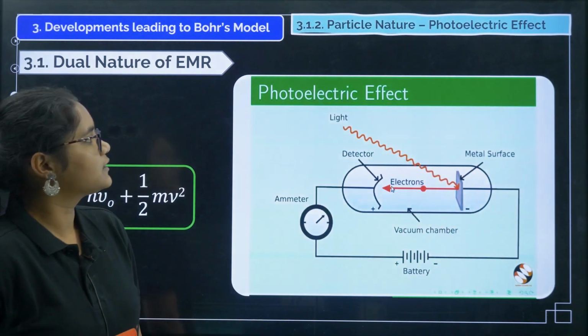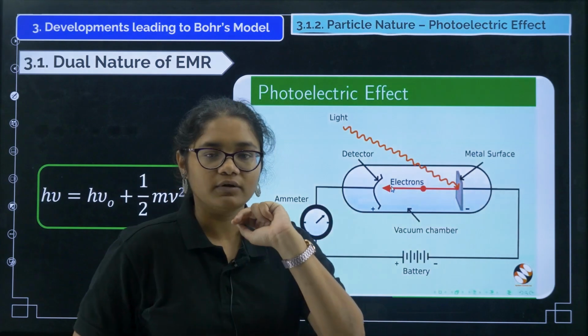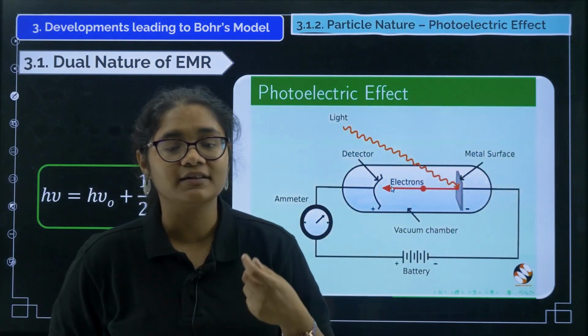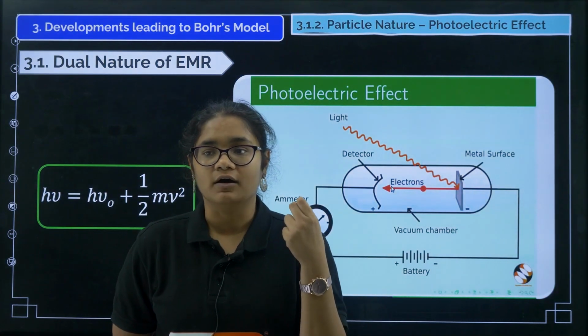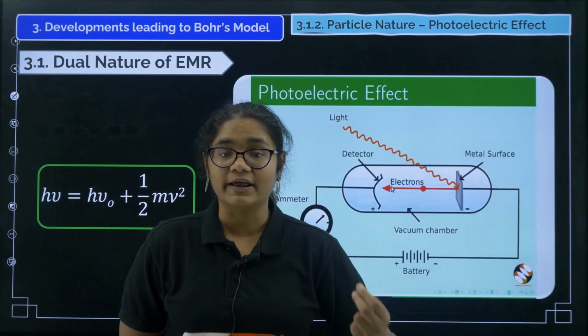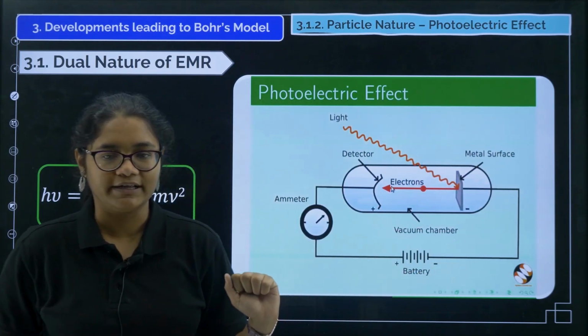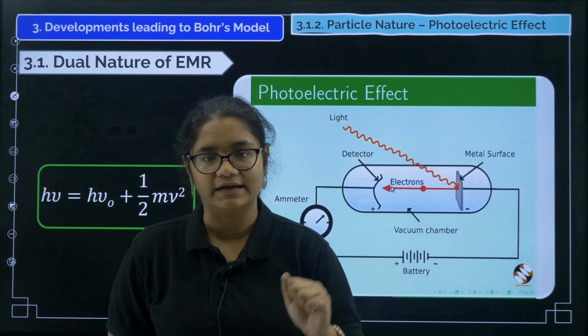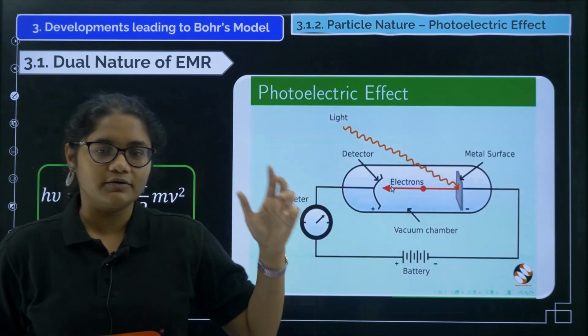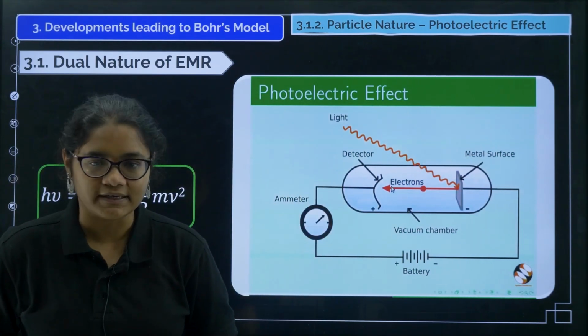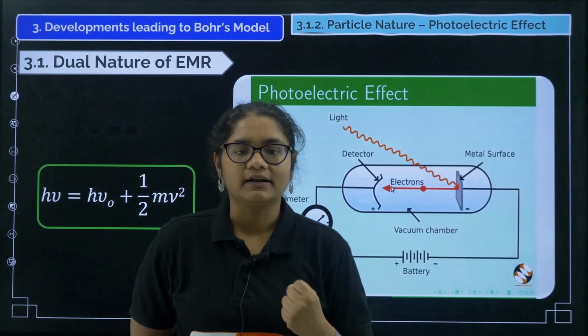So next, coming to another event. I told you there were two events which help to understand the particle nature of electromagnetic radiation. The first one was black body radiation and the second was the photoelectric effect. This one you will be able to understand more easily. So what does the photoelectric effect tell?